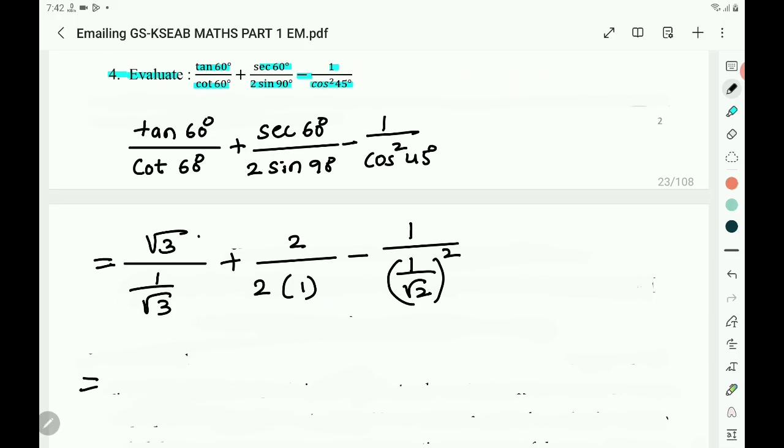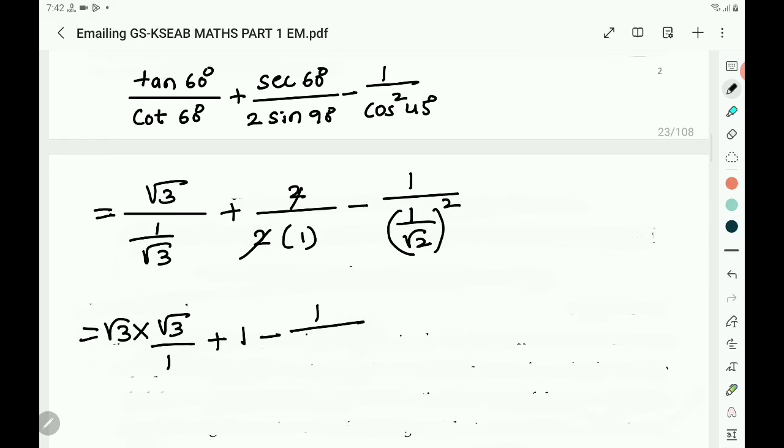Now, here you write root 3 into the reciprocal of 1 by root 3, that becomes root 3 by 1, plus, you can cancel this 2 to 1 by 1 is 1, minus 1 by root 2 whole square, which is 1 by 2.